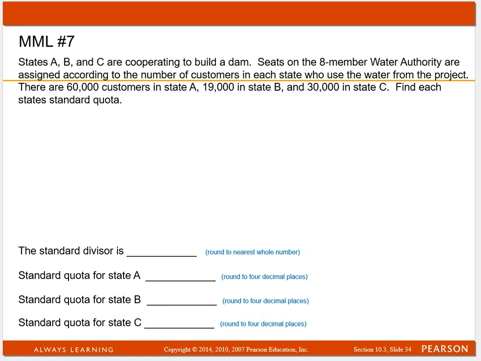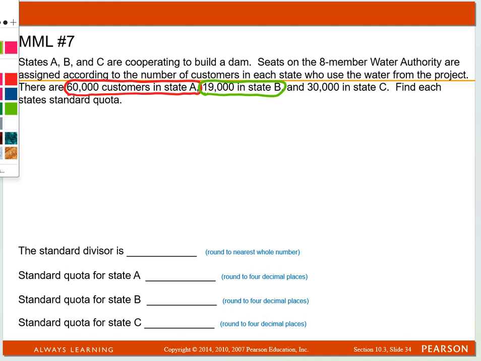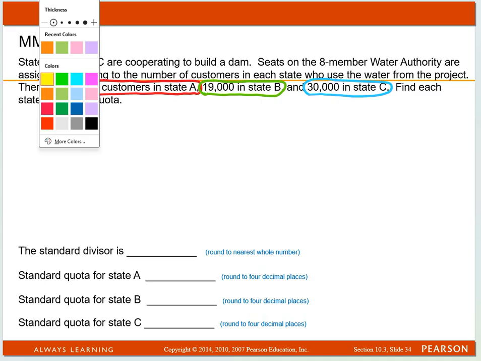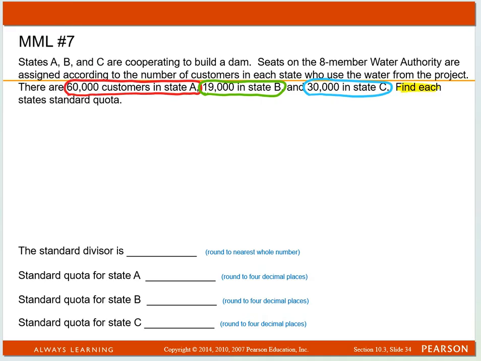Okay, so there's 60,000 customers in state A, and there are 19,000 in state B and 30,000 in state C, and it says find each state's standard quota. That's what they want you to do.